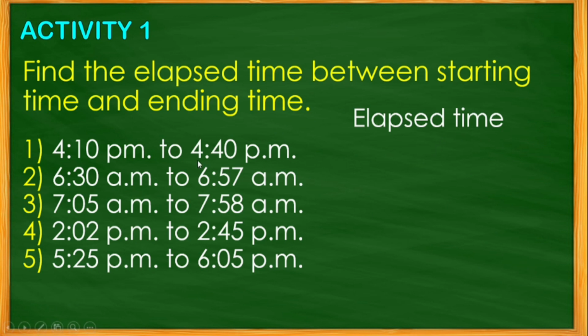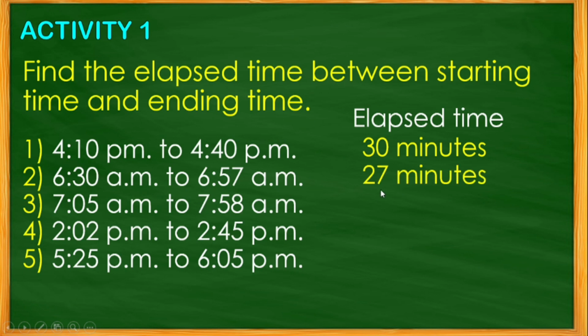So let's find the elapsed time. For number 1, 40 minus 10, we have 30 minutes. Then for number 2, 57 minus 30, we have 27 minutes. Then for number 3, 58 minus 5, the answer is 53.